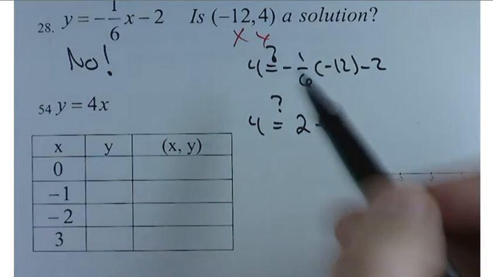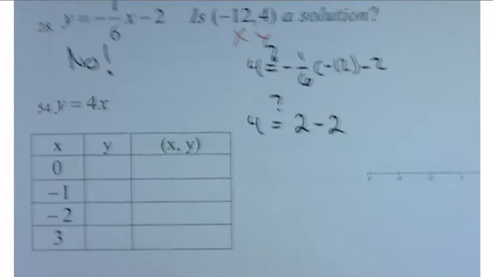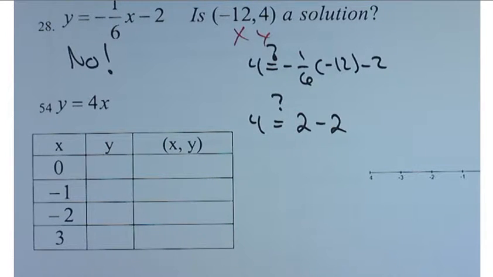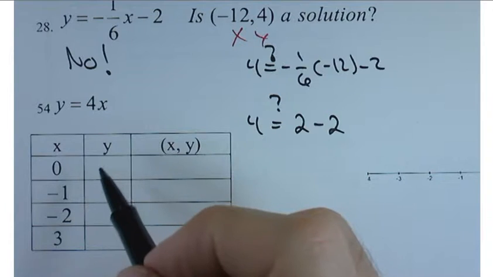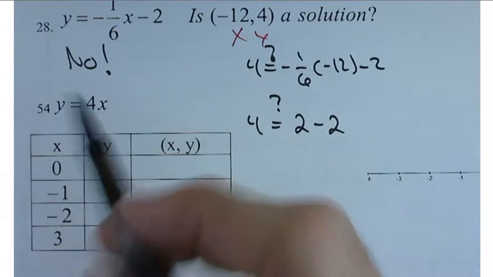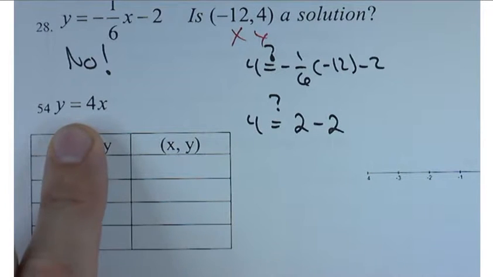Now, this is kind of a silly game to keep on trying different numbers until we maybe stumble upon something that works in terms of it being a solution. So here's what we're going to start doing. We're going to start plugging in values for x, or sometimes y, and getting solutions, getting coordinates that satisfy our equation.